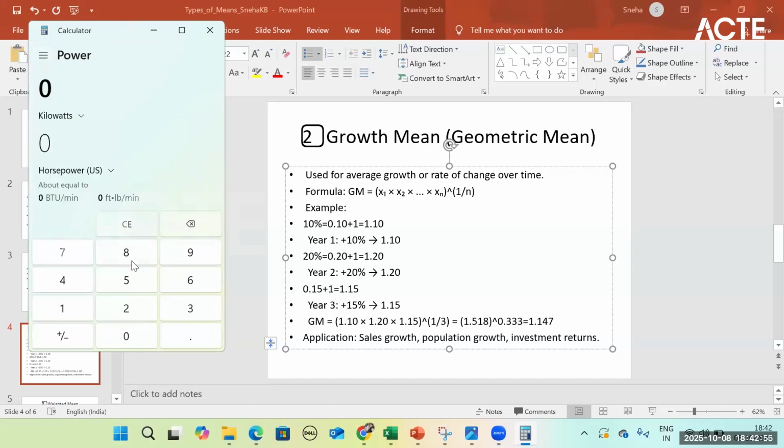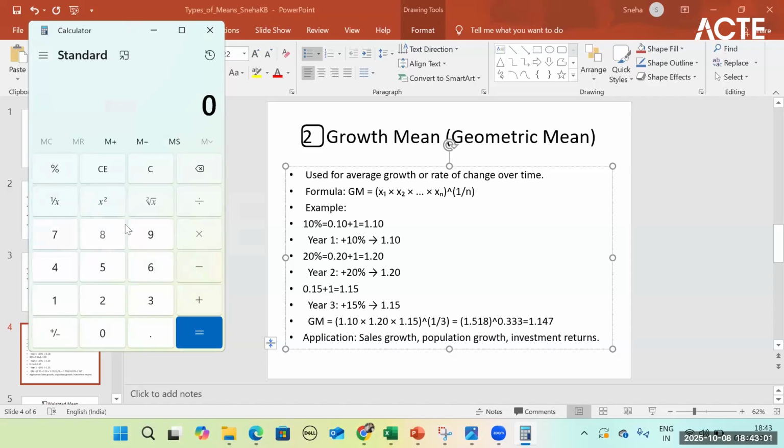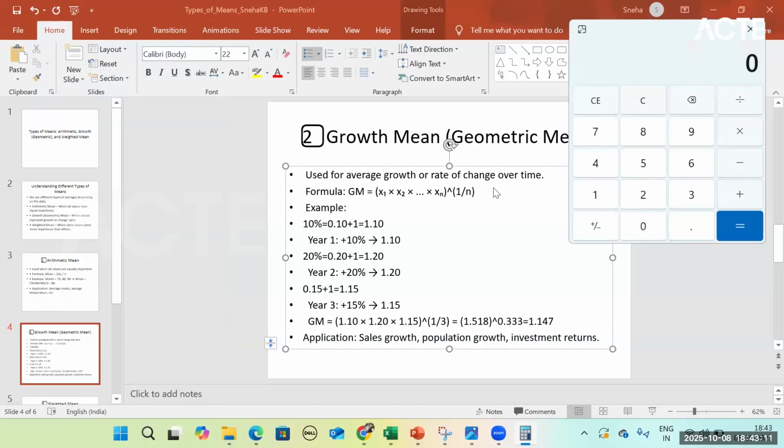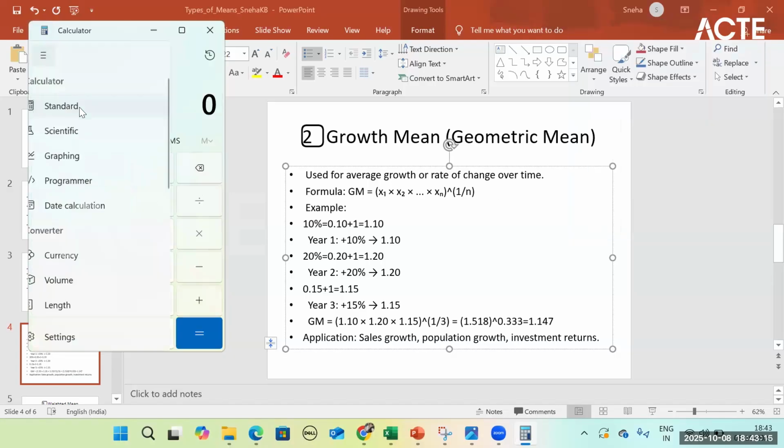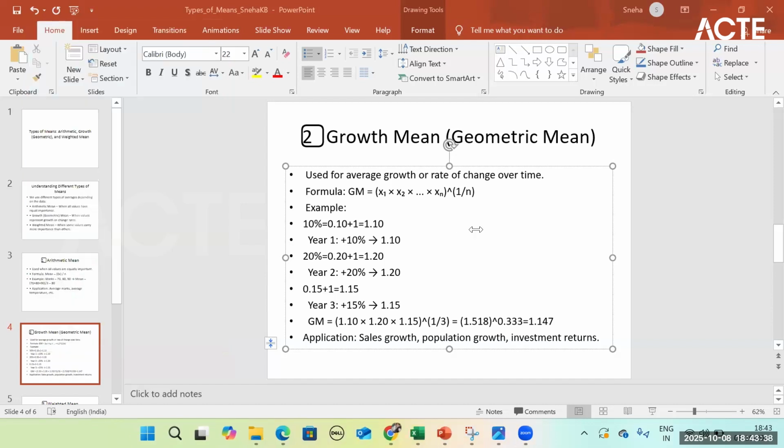Wait. When I did it on my phone, it is coming correctly.